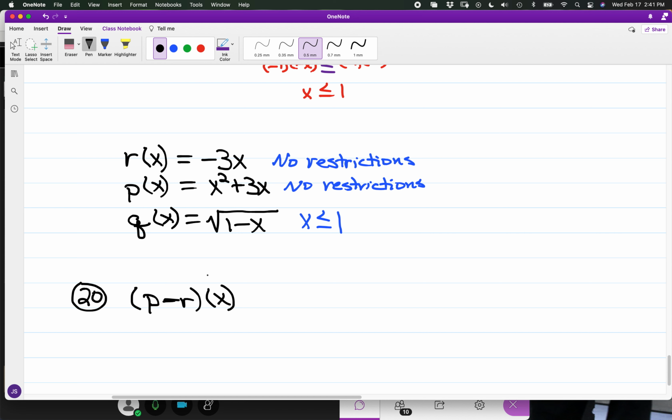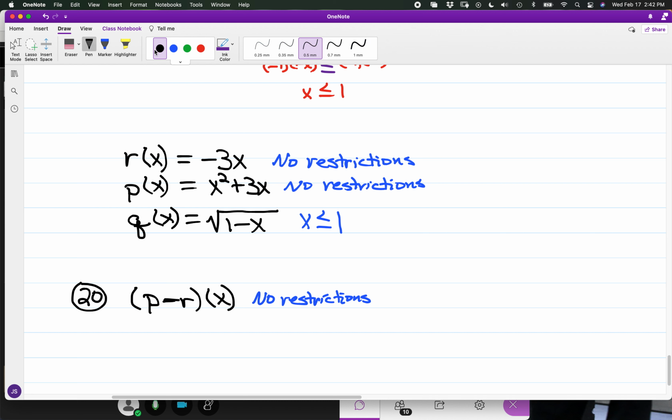So I'm involving the functions P of x and R of x, neither of which have restrictions. And guess what? As long as you're looking at the sum, difference, or product of these functions, the domain will be on the basis of combining the restrictions.